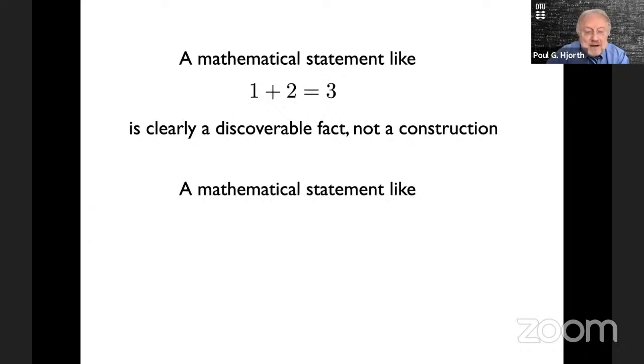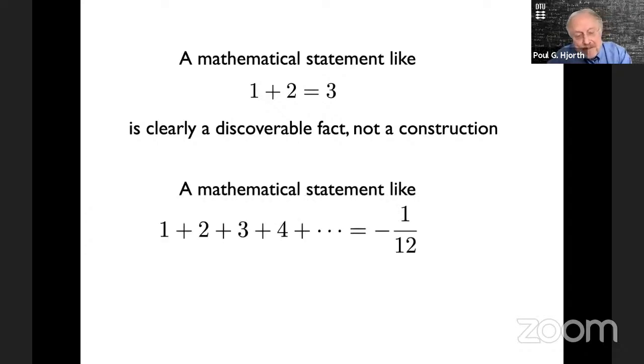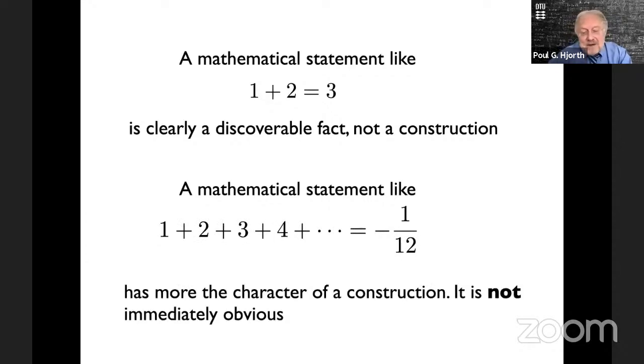But then on the other hand, something like this is much more subtle and has much more the character of a construction. Something where you have to know infinite series and arrive at the Riemann conjecture and make analytic continuation and so on. So there's certainly a spectrum between things that are discovered and things that are invented.